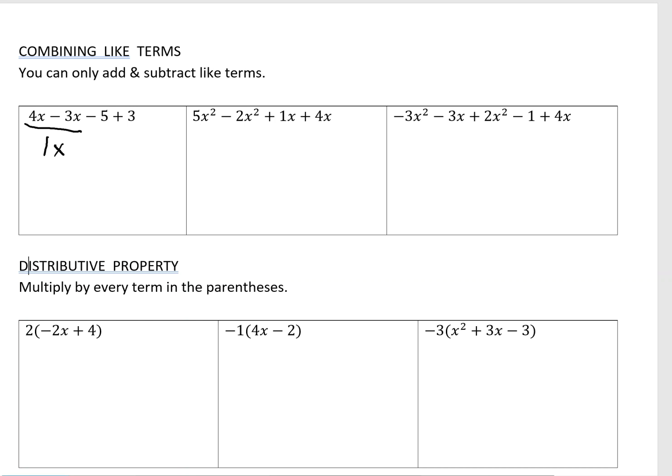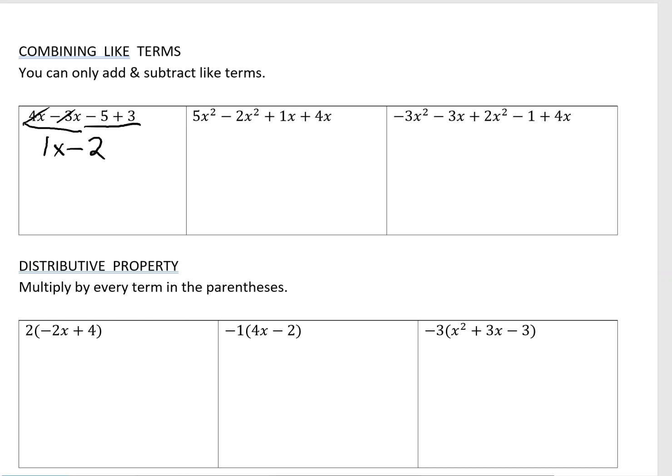And then we're going to combine the negative 5 and 3, so the signs are different, so we subtract. So 5 minus 3 is 2, and there are more negatives. Now this is simplified because each term has a different set of variables. There's no like terms left.